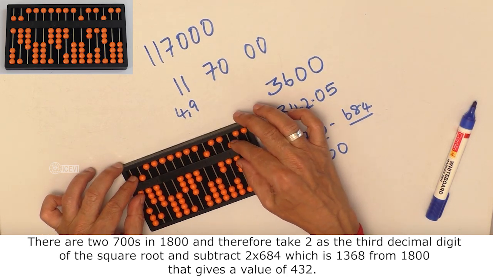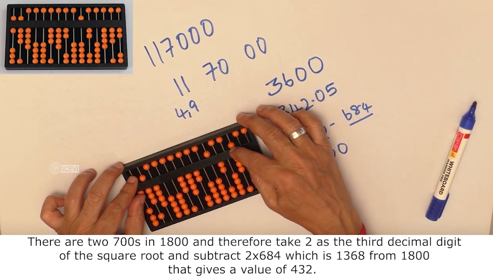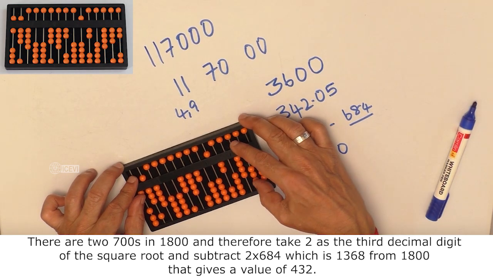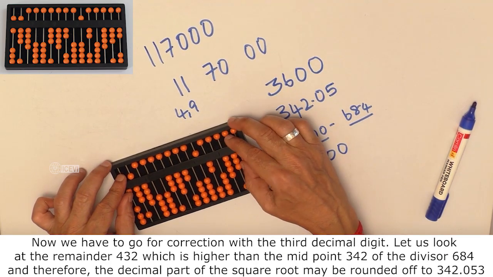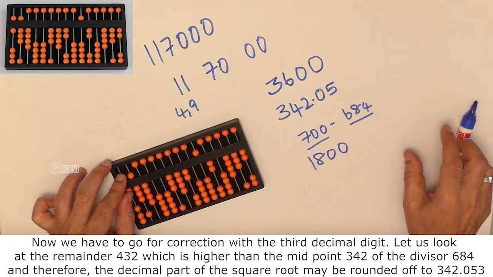When you subtract this from 1800, you get the value 432.